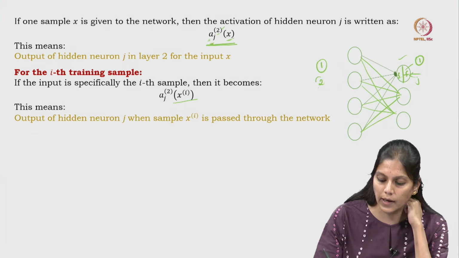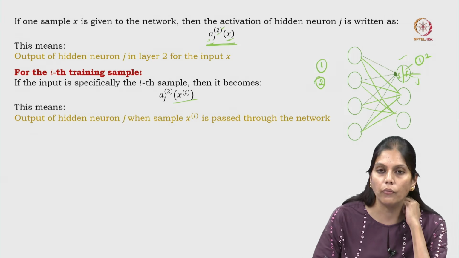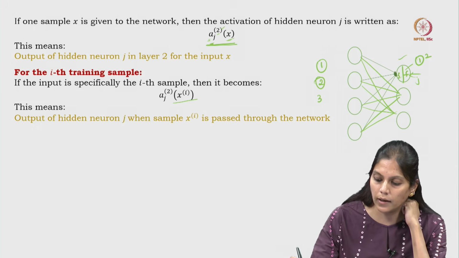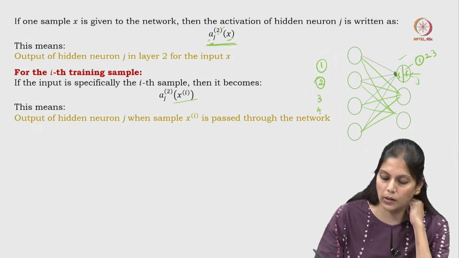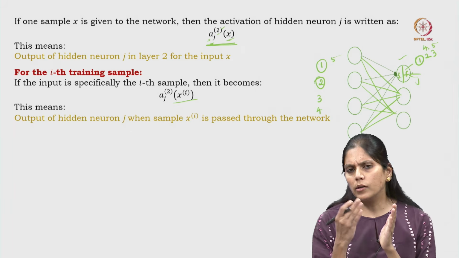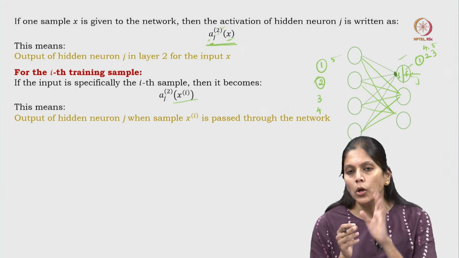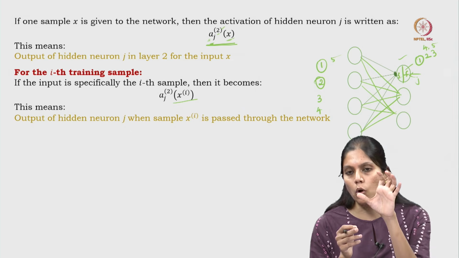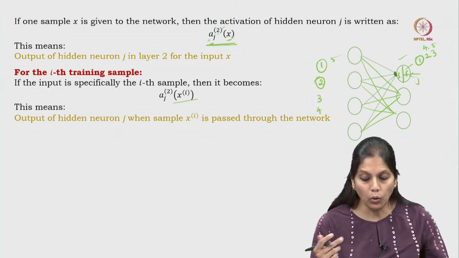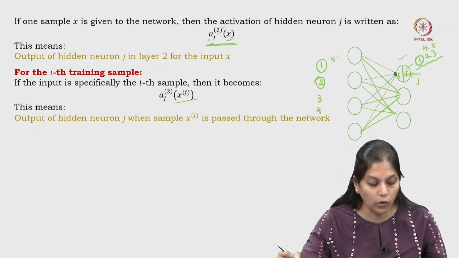When you pass the second sample, you will get the second value. When you pass the third input, you will get the third value. The fourth sample will give the fourth value, the fifth the fifth value. So however many training samples you are passing, you will have that many outputs for each of these neurons. Correct? So can we now take the average for all of these?